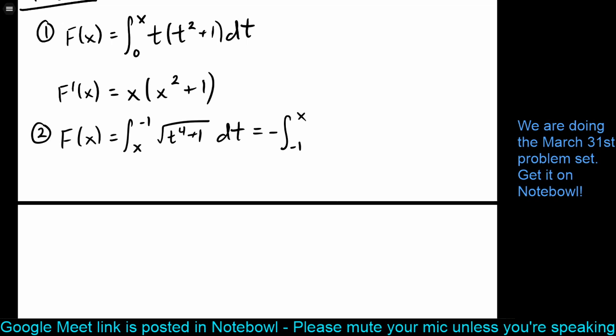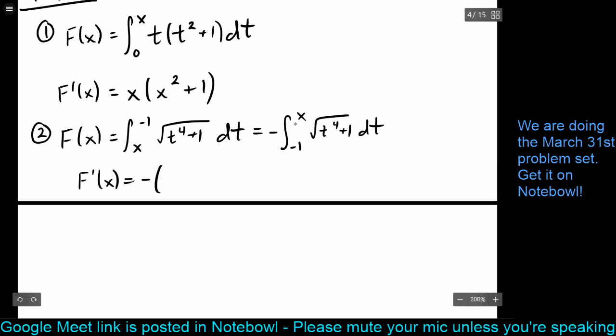Remember, that was just because delta x changes sign when we swap the order. So now this is all fixed, and f prime of x, we just keep our negative, take this x, pop it in here. Actually, I don't really need these parentheses, do I? And then there we go.